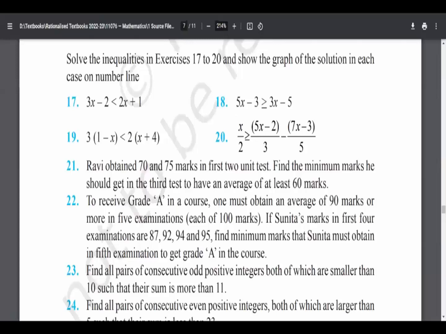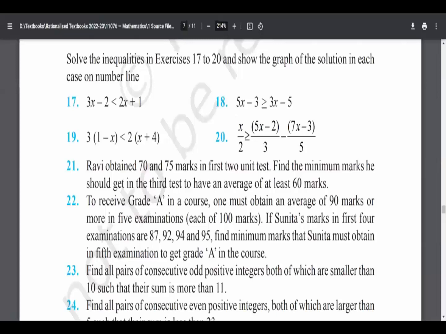And what we will get is 5 times 5x minus 2. Then we have to subtract 3 times 7x minus 3.